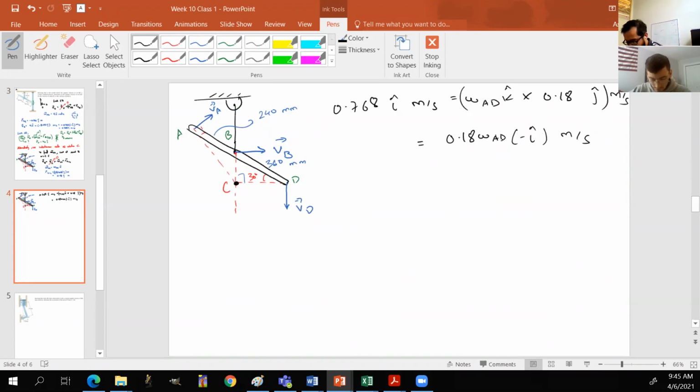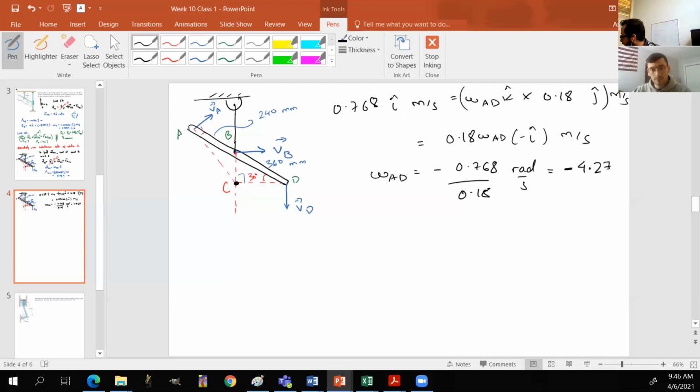So from this expression, I see that omega AD is equal to minus 0.768 divided by 0.18 radians per second. That turns out to be how much, guys? 4.266 or negative.